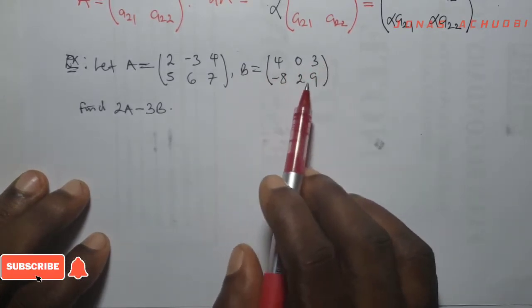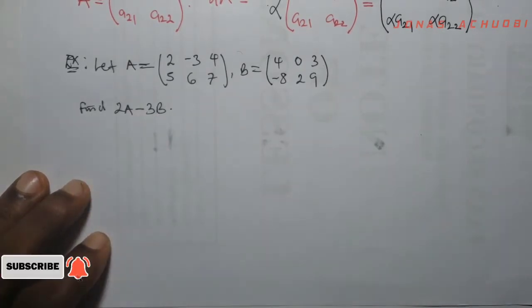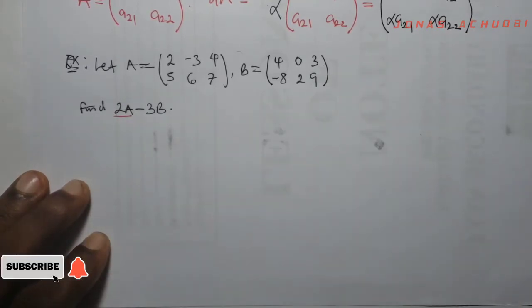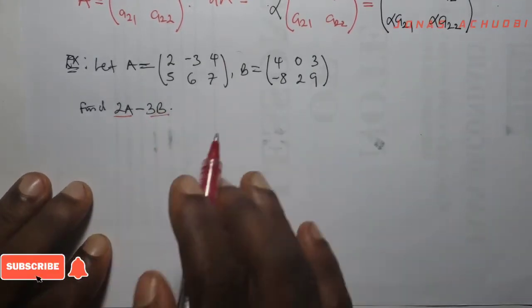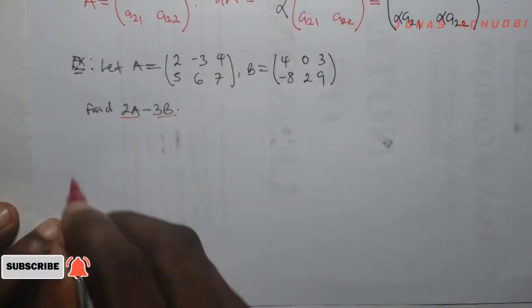This also is a 2 by 3 matrix. So we're asked to find 2A minus 3B. Now 2A here is multiplying matrix A by a scalar 2. 3B here also means multiplying matrix B by a scalar 3. Then we subtract. So let us compute 2A first, then 3B, then we subtract.